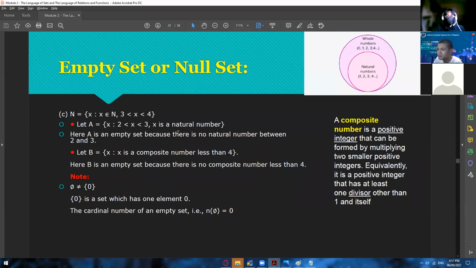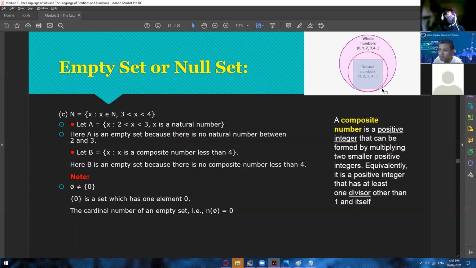Okay. Anyway, let's have another example. We have this set A, where x is an element of N, wherein x is greater than 3 and x is less than 4. N here is natural numbers.